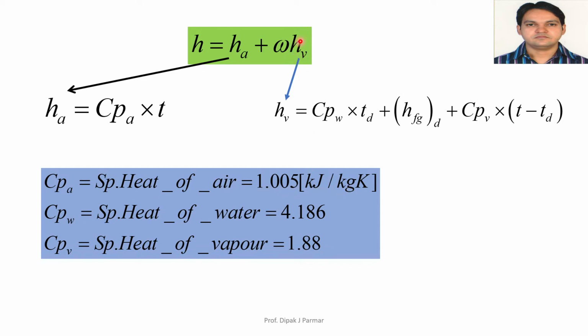When we calculate the enthalpy of water vapor, it will be Cp of water into Td plus HFC, that is latent heat, plus Cp of water vapor into delta T, that is the superheat temperature. We will take the Cp of water equal to 4.186 kilojoule per kg Kelvin, and the specific heat of vapor is 1.88.